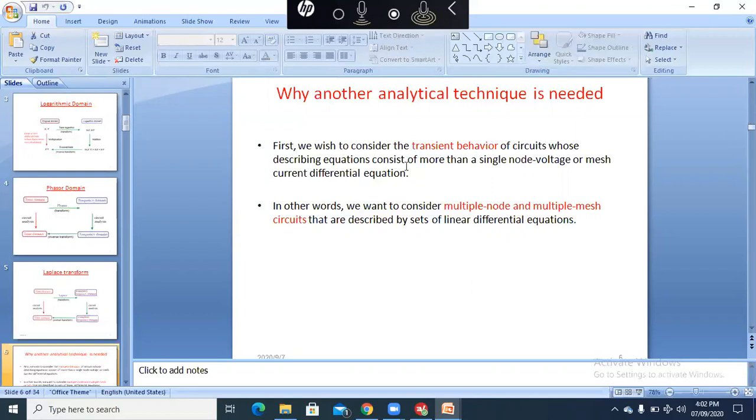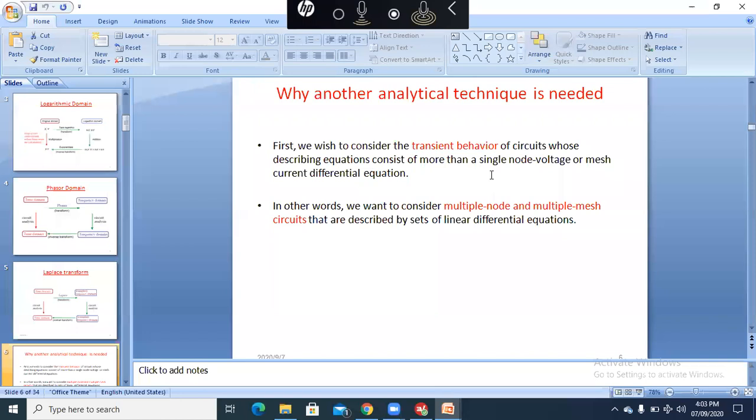So when we describe equations which have a single node voltage or mesh current differential equation, it's not necessary that we apply this technique, but if it's more than one, this transient behavior is determined by the Laplace transform.